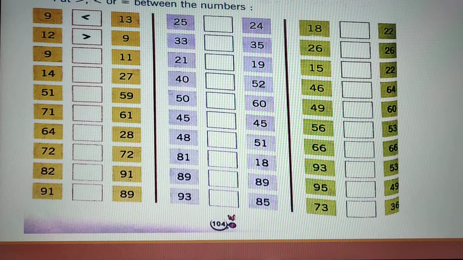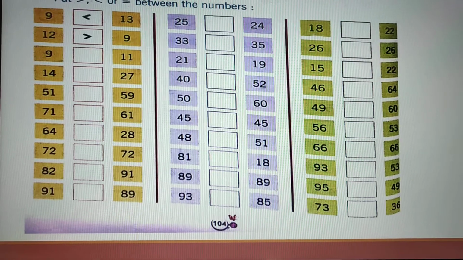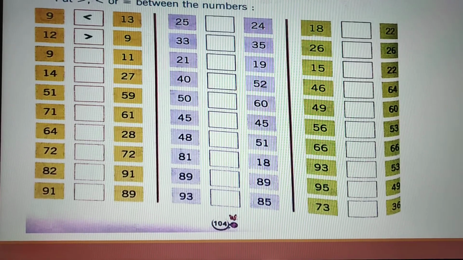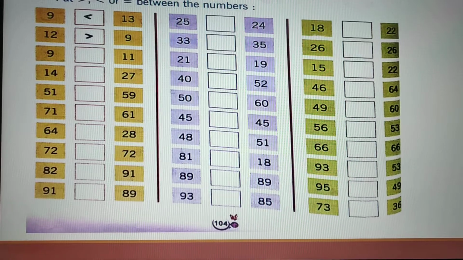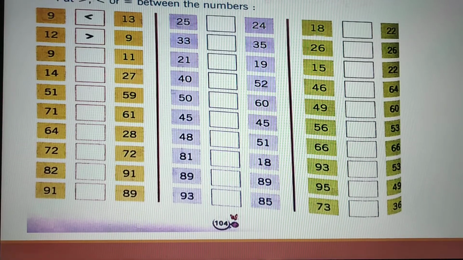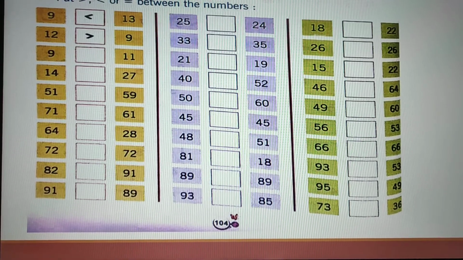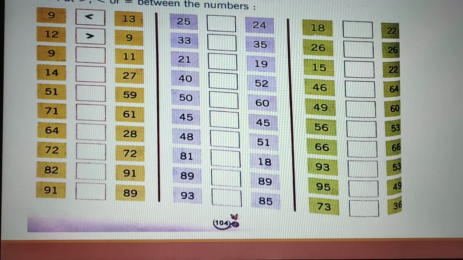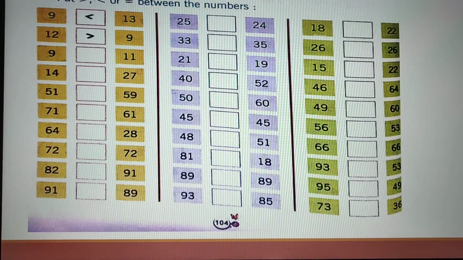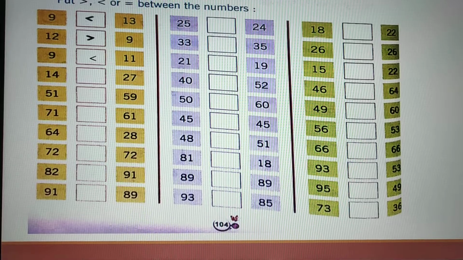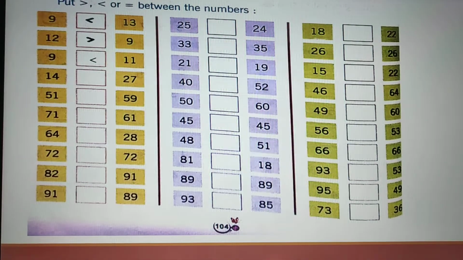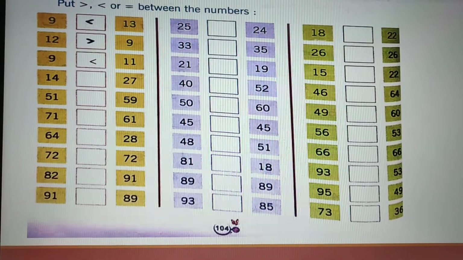Now we will do from question number 3. 9 dash 11. 9 is single digit, 11 is double digit. So which is greater, student? 11. So mouth will be open towards 11. So 9 is less than 11.